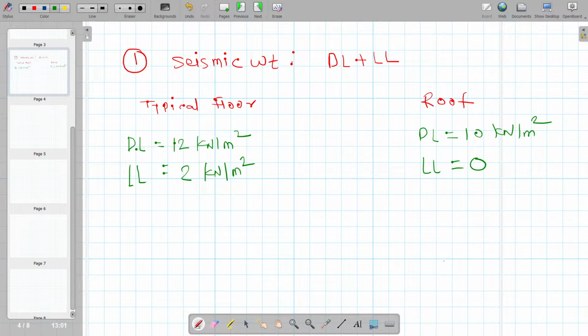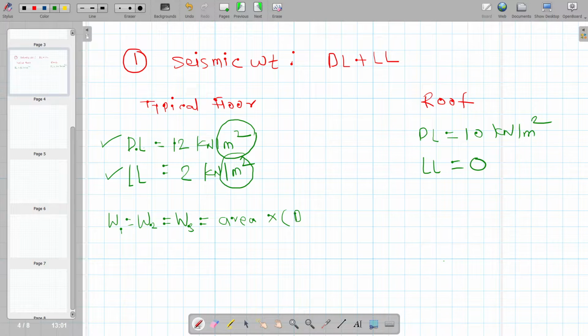So typical floors W1 equal to W2 equal to W3 equal to. The values of dead load and live load are given per meter square, so you have to multiply by the area into dead load plus live load.